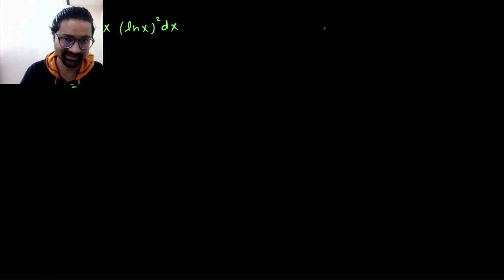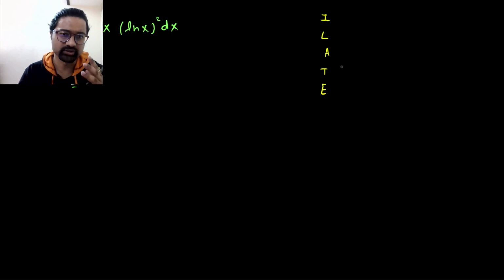So we're going to use the ILATE rule, and the ILATE rule suggests that the category or family of the functions should be in this particular order for you to take one function as f(x) and one function as g'(x), and whichever comes first is your f(x).